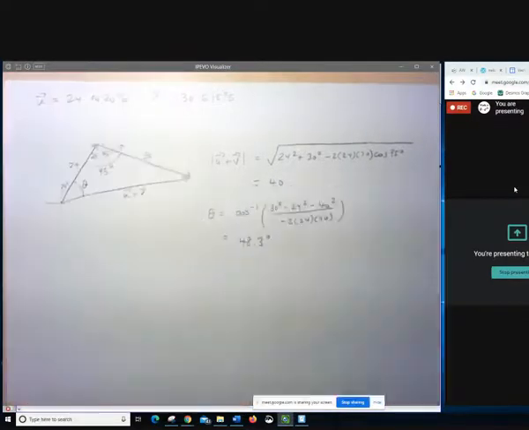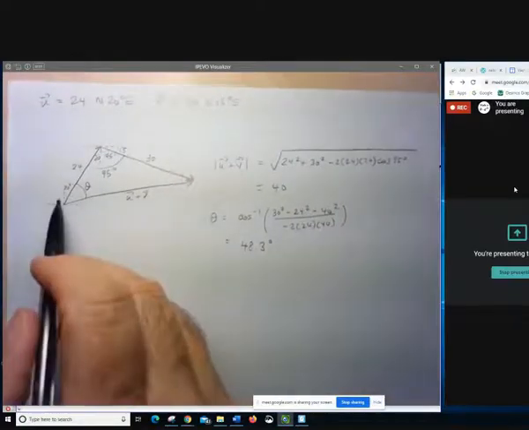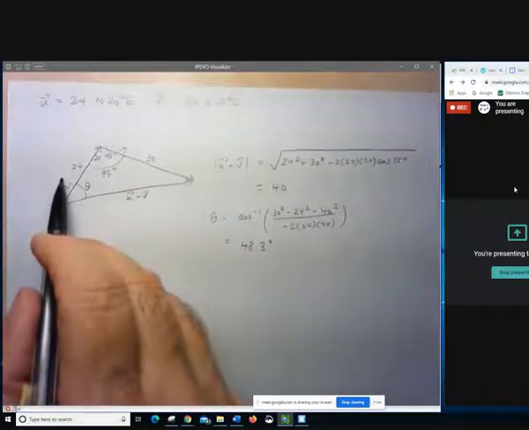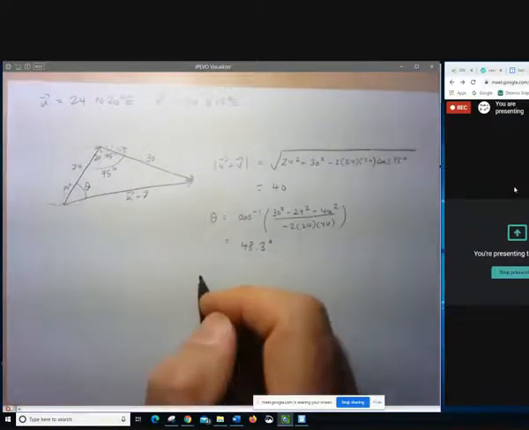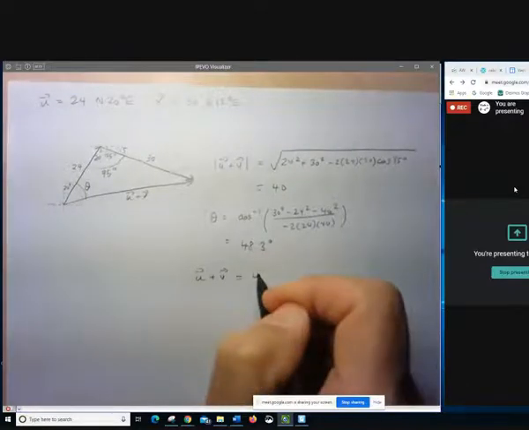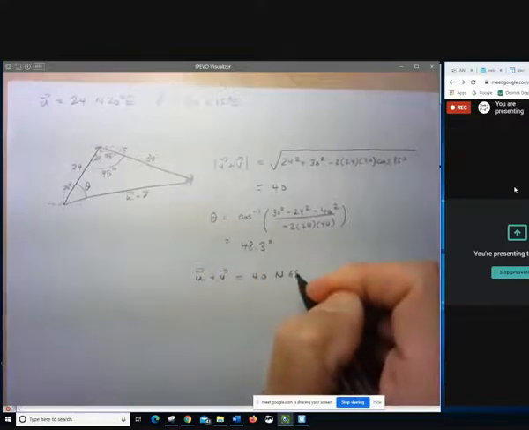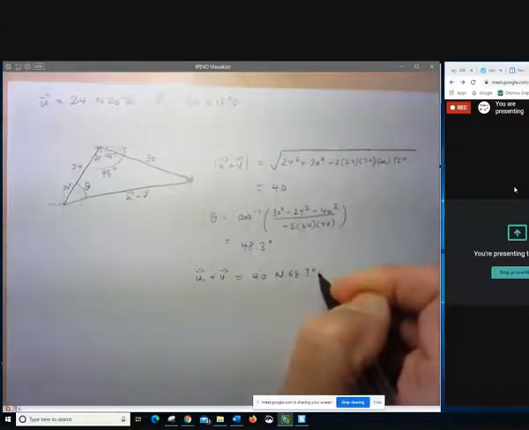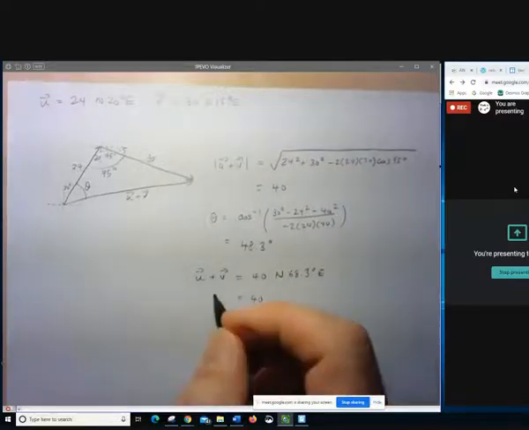Okay. So now from here, how you write your answer, if I decide to go north and this many degrees towards the east, well, I'd be adding 20. So here I could give my answer as u plus v is 40. Then it'll be north, looks like 68.3 degrees east. Okay, or I could write my answer as east.